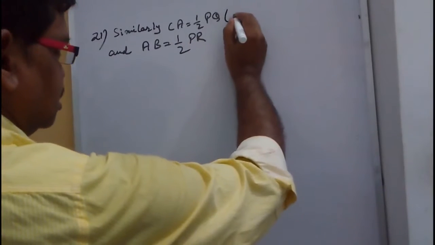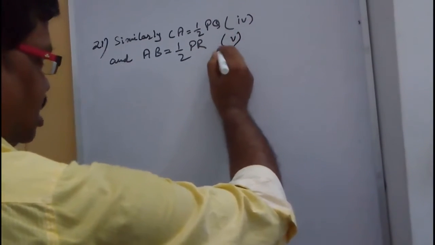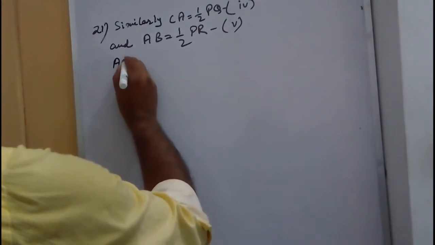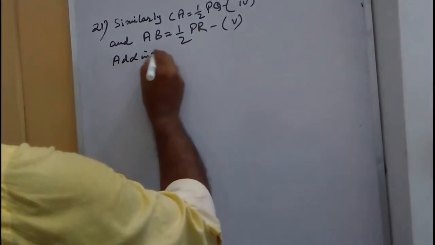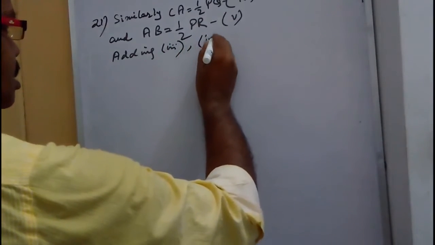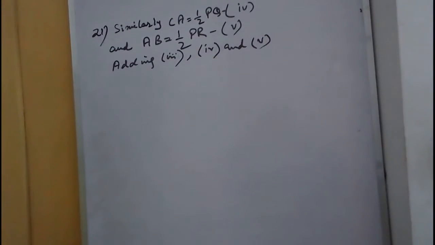This one Roman 4, this one Roman 5. Now adding 3, 4 and 5.